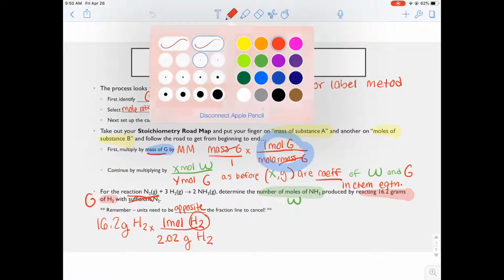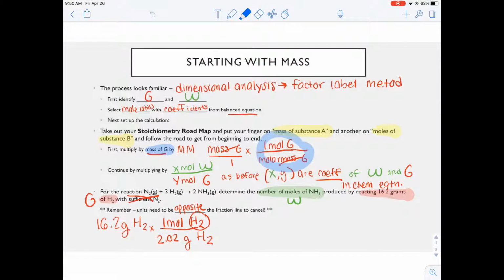All right, so now let's take this ratio of coefficients and put it in the bottom. So set up an equation, another multiply line. Given units go on the bottom, right? Given on the bottom. So what we're going to do is our given is hydrogen.